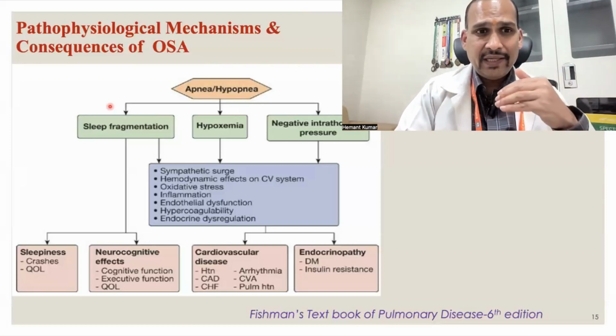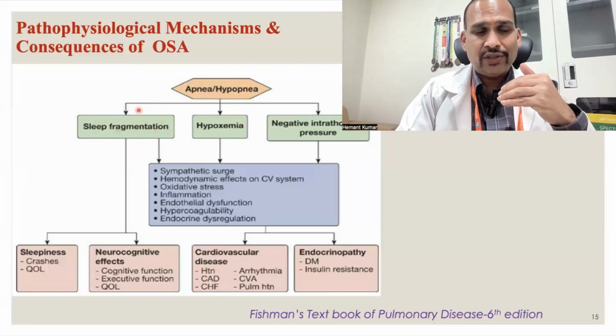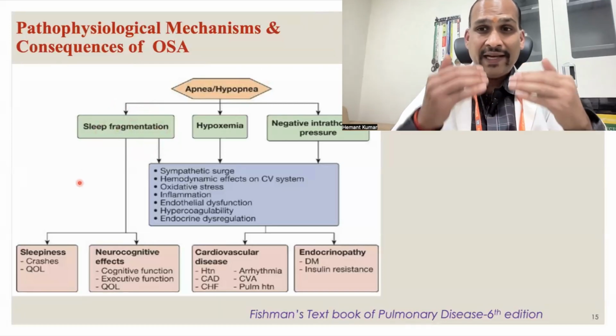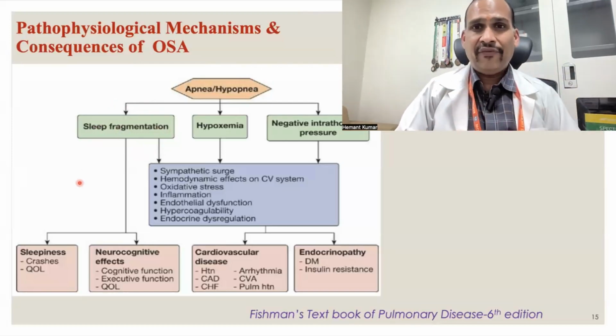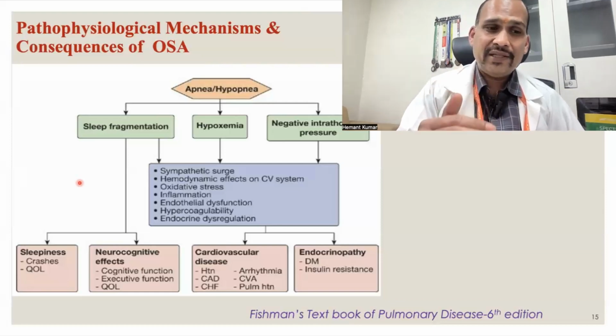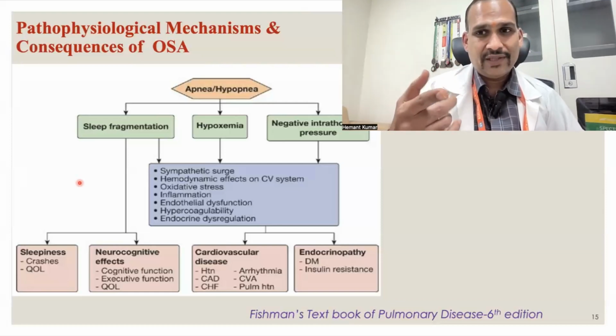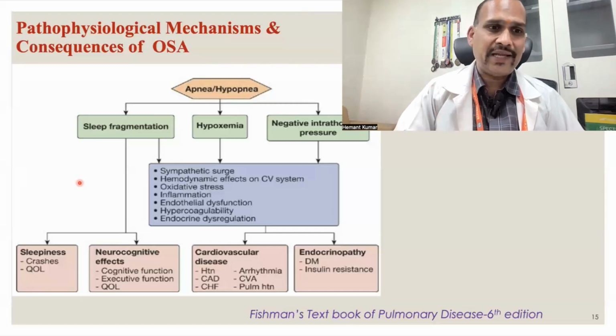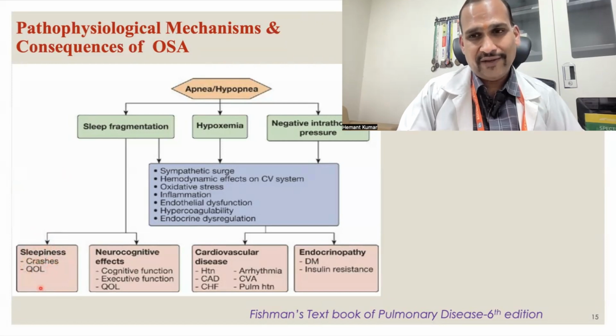So repeated sleep fragmentation, arousal will lead to less sleep at night. When a person gets less sleep at night, he will sleep more in the daytime. The patient will have more daytime sleepiness, and there will be low quality of life.